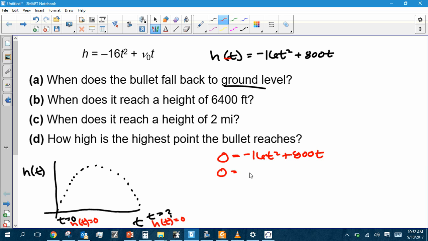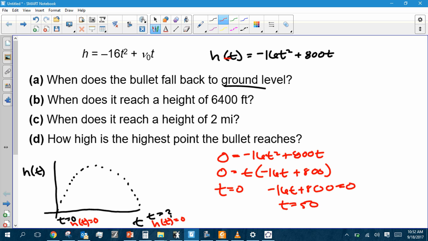Because we can factor, I'll take out a t, which gives me t times negative 16t plus 800. I could have taken something out of the 16 and the 800, but I don't really care to do that. I get negative 16t plus 800 is equal to 0. I can solve that for t, and I believe I get t to be 50. So t is 50, and that tells me when the ball came back down to the ground.